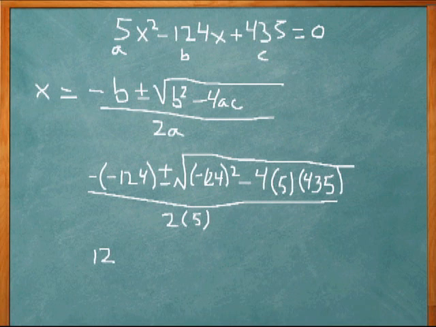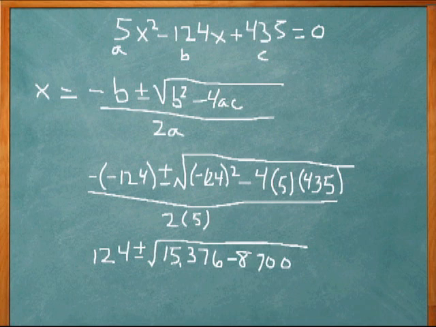Okay, so negative negative 124 gives you a positive 124 plus or minus the square root of negative 124 squared, which gives you 15,376, and 4 times 5 times 435 gives you 8,700, and then 2 times 5 gives you 10.